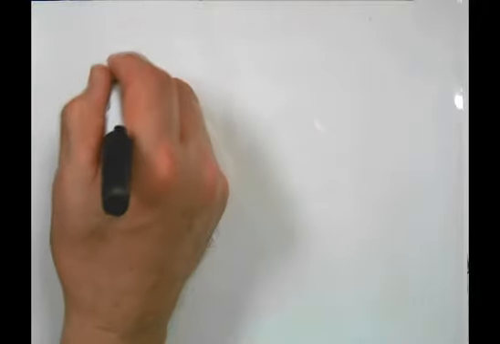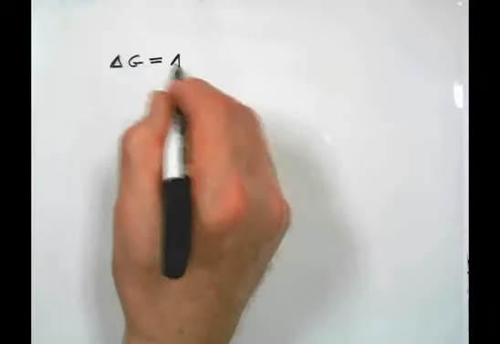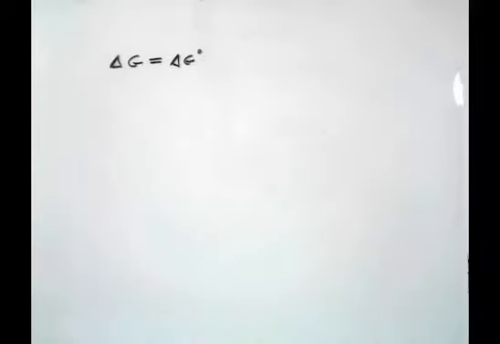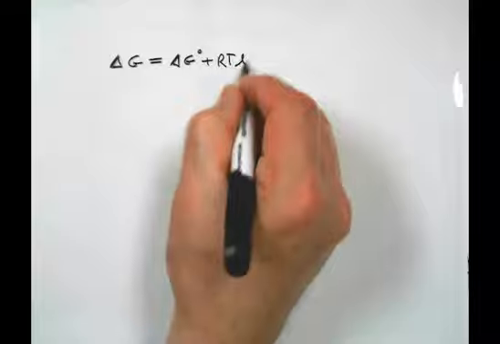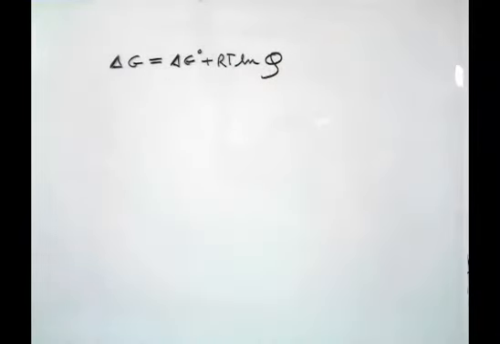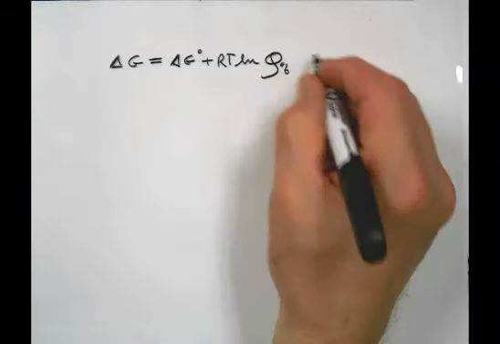So you've got to remember a little of this. What I'm saying is, in the world of thermodynamics, delta G, non-standard, is equal to delta G naught plus RT ln Q. That's non-standard energy.